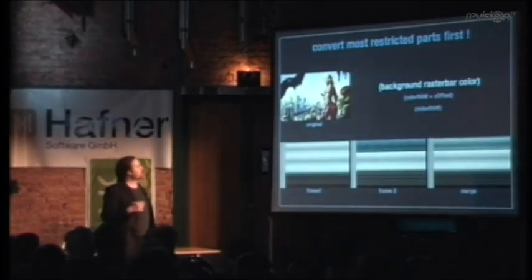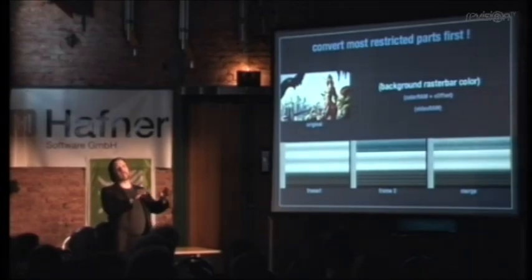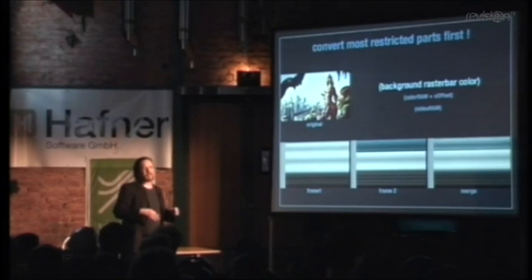When you convert a graphic like this and use, for example, the ILM, of course you may invent your own graphic system. That's what it's all about. That's why you're sitting here. But when we use the ILM, we have to convert the most restricted parts first. Of course, we could go and say, yeah, we have an FLI image, and we can convert all the colors and see what we can do with them and fill the gaps with additional features.